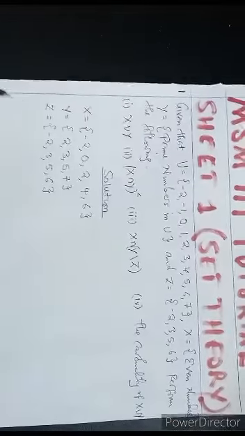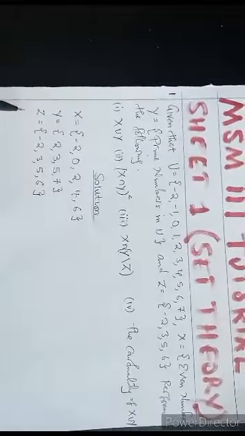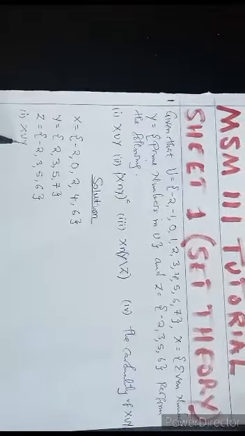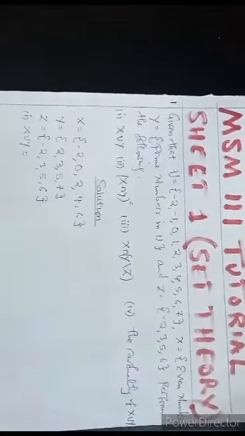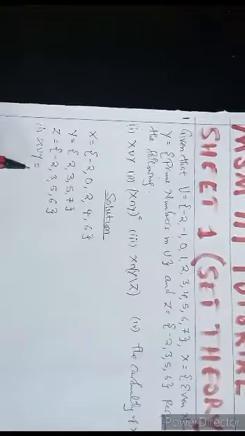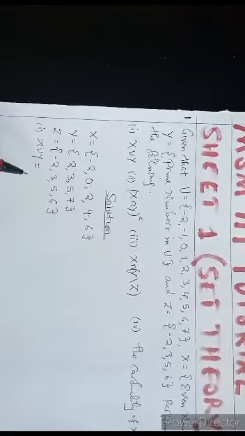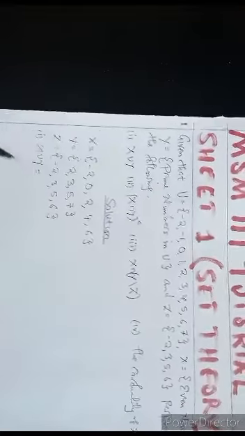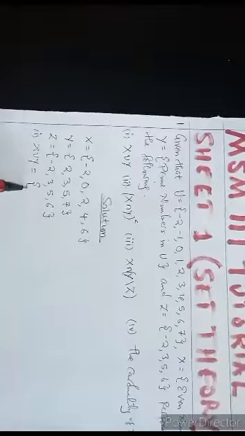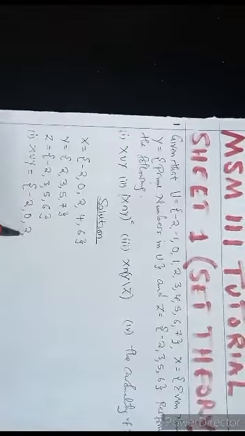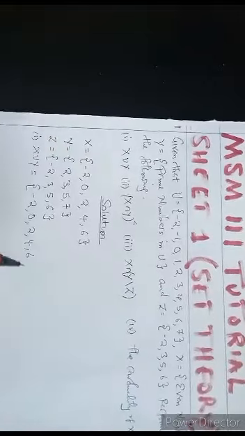Now let's perform some operations. So we have 1. We've been told to list X union Y. They want us to combine X and Y without repeating the same elements which are in X and Y. So here we'll list X first, which is -2, 0, 2, 4, and 6.